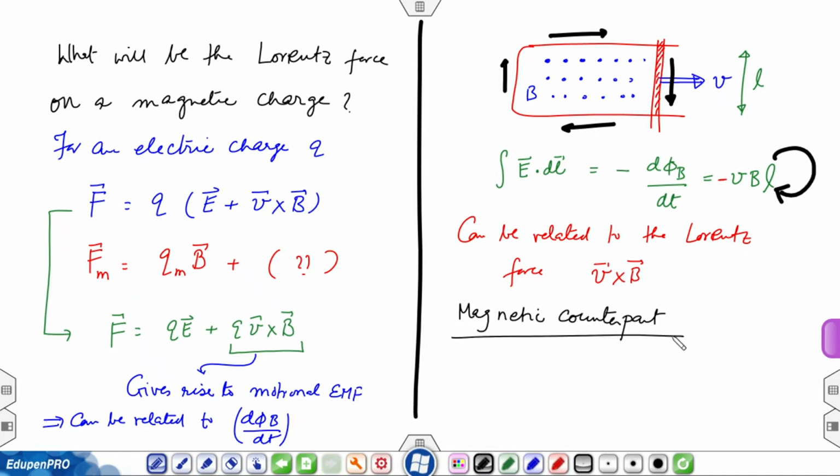So, what I will do for magnetic counterpart is again make this circuit, put a bar. From the equations, from relationship to the Faraday's law and all that, I expect there will be a V cross B term, and that is what I want to determine now, and let there be an E coming out, and let this bar be pulled to the right with speed V. So, let us understand this.